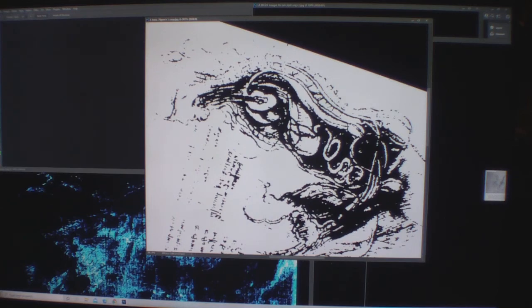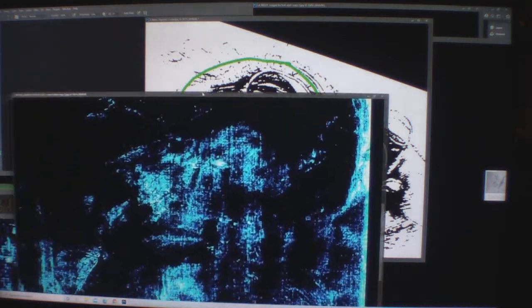That so happens to be, well, not the bird's head. I mean, right here. So this is the bird's head, right? Well, this here is the bird's head.